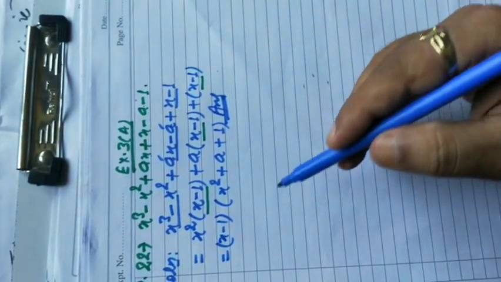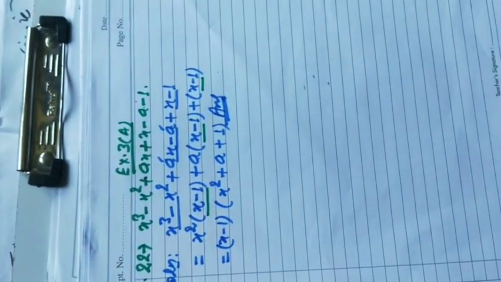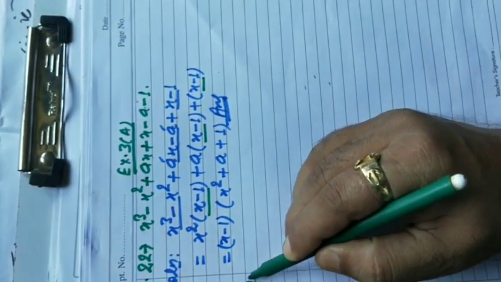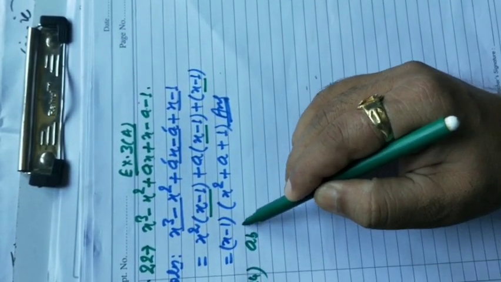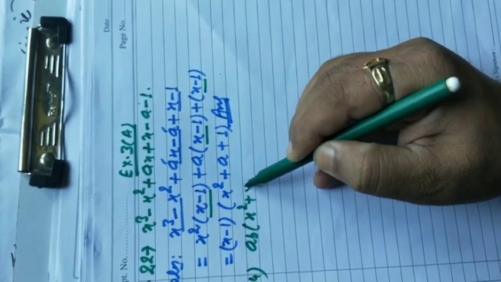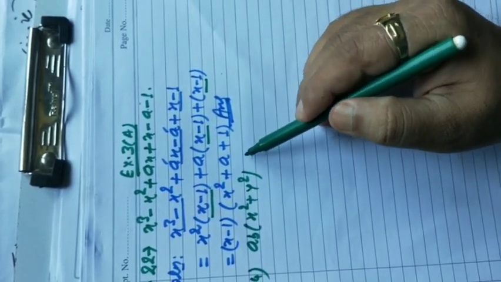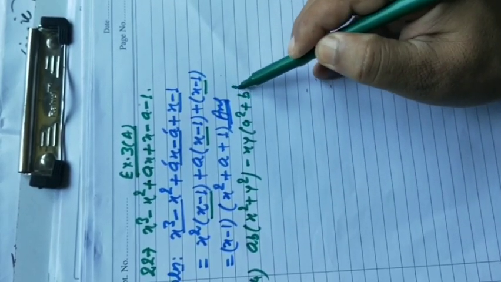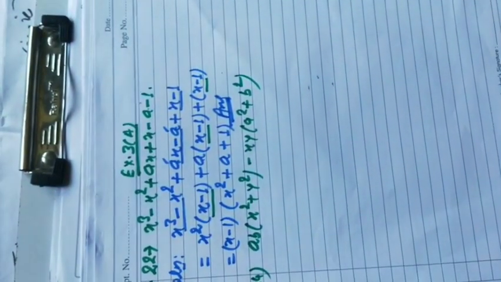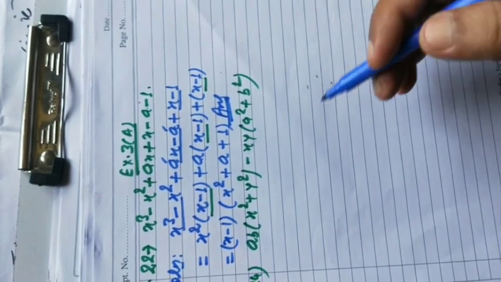Now let us see another question, question number 24. You have to factorize ab(x² + y²) − xy(a² + b²).